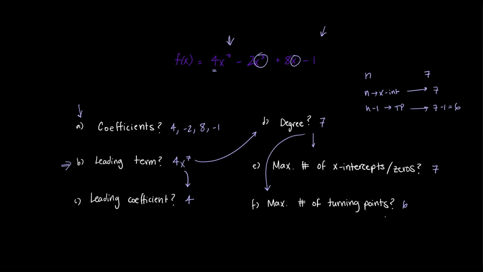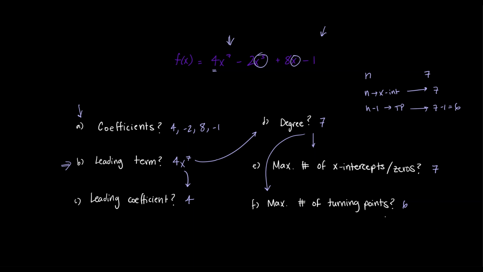So this polynomial could have 7, 6, 5, 4, 3, 2, 1, 0 x-intercepts. And it could have fewer than 6 turning points as well.